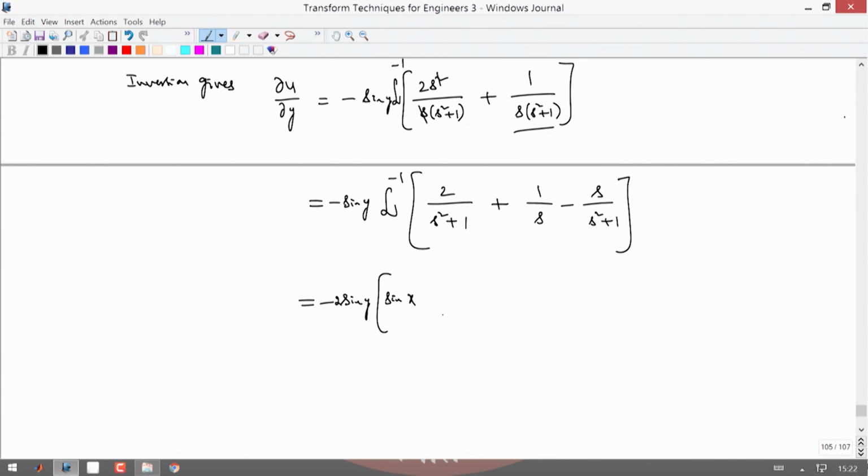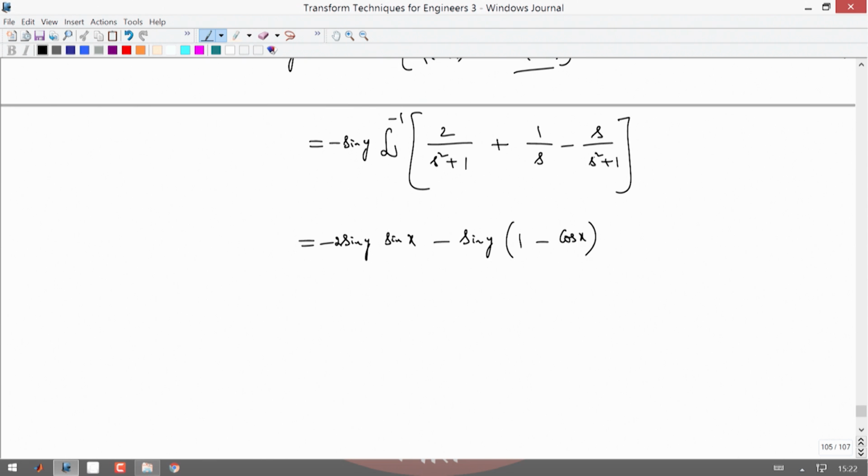This is sin x, and okay, the first term is this, second term will be minus sin y times 1 minus cos x. Cos x inversion is s by s square plus 1. So, this is what is your equation.